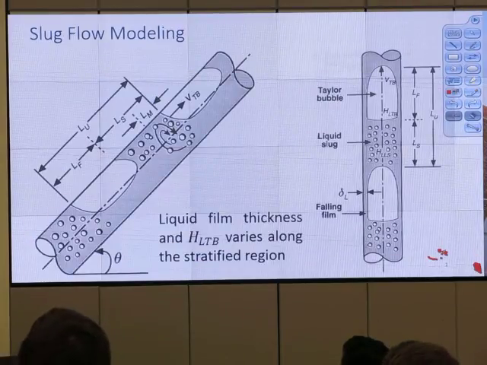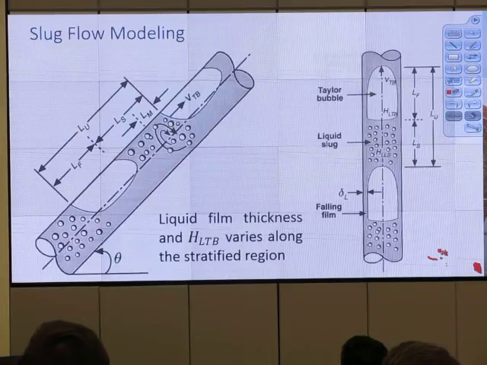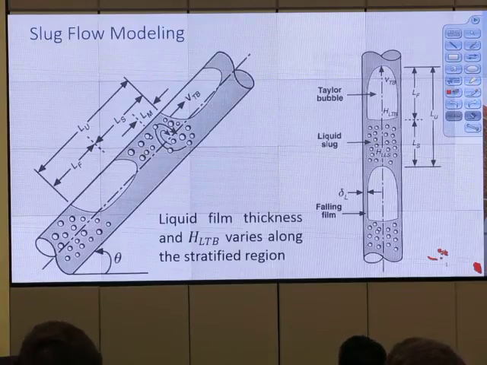Let me remind you about symbol and variable definitions. Subscript LS is for liquid slug. Subscript TB is for Taylor bubble. So VL TB is the liquid velocity in the Taylor bubble region, or film velocity. VG TB is the gas velocity in the gas pocket.